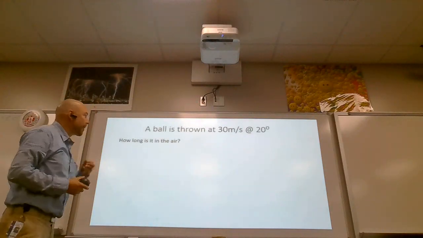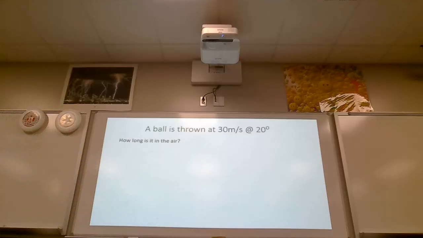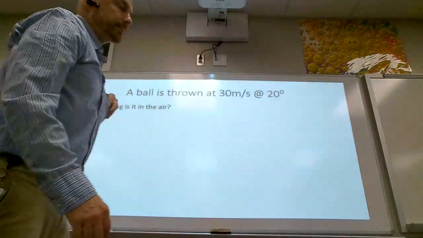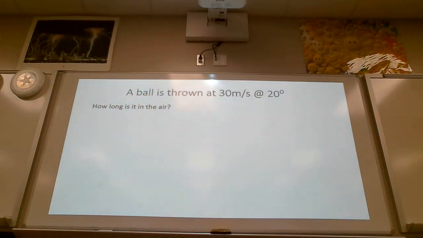Okay. All right. Here we go. There's a number 6 on the worksheet, just with different numbers. 30 meters a second at 20 degrees. I want you to draw 2 diagrams.